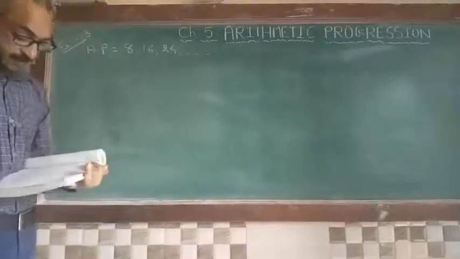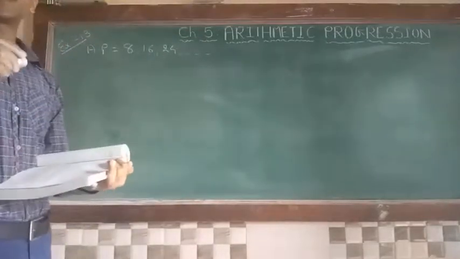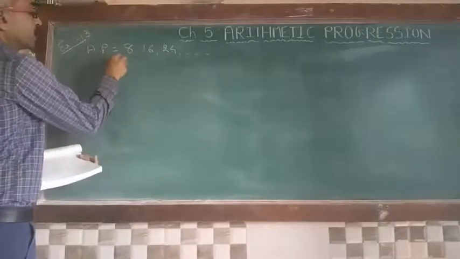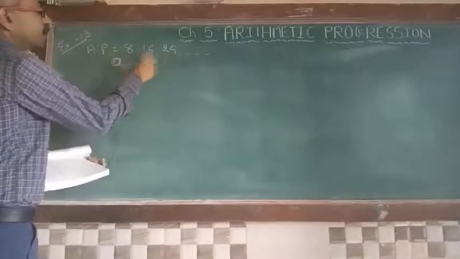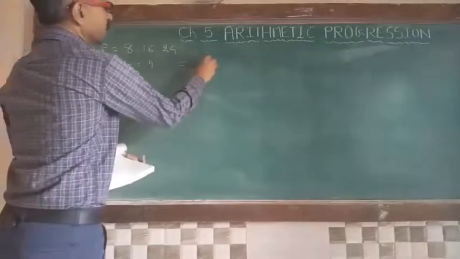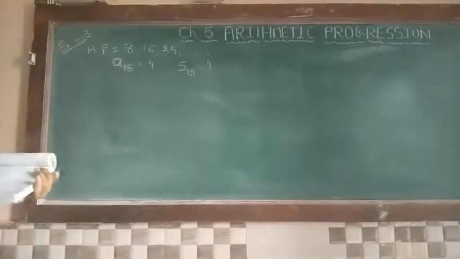You have to find the sum of the first 15 terms. So first you have to find a15, and then Sn, that is S15.